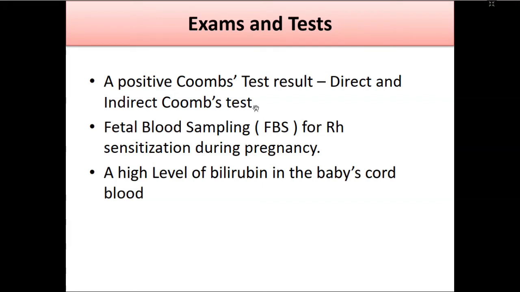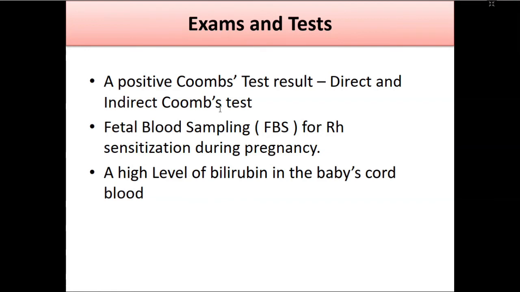So Coombs test determines the presence of these antibodies. Fetal blood samples, FBS for RH sensitization during pregnancy, a high level of bilirubin in the baby's cord blood. So presence of bilirubin can also be a significant diagnostic test for the RH incompatibility or HDN.